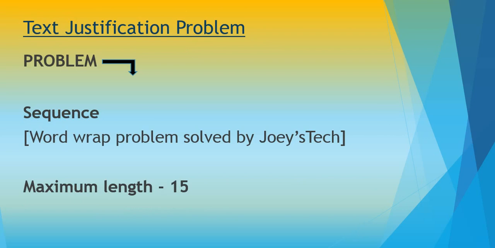That means not more than 15 characters can be placed in one single line. That is one of the conditions, and based on this sequence of words and this maximum length per line, we will solve our text justification problem.